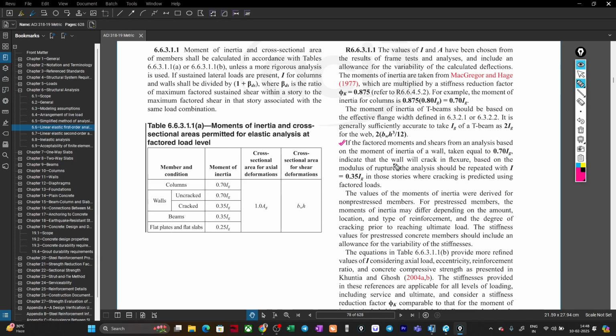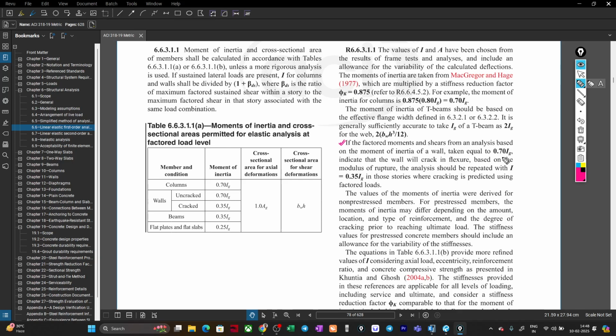So what we understood is that when we perform the initial analysis, we need to consider the moment of inertia of the wall responsible for resisting the applied load as 0.7 times Ig.